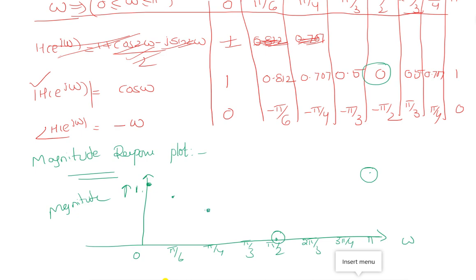Again for 3 pi by 4, the value is symmetric, so it is again 0.707. For pi by 3 and 2 pi by 3, its value is equal to 0.5. So the plot curve is like this. Sorry, I'm not drawing properly, but this is the magnitude plot.